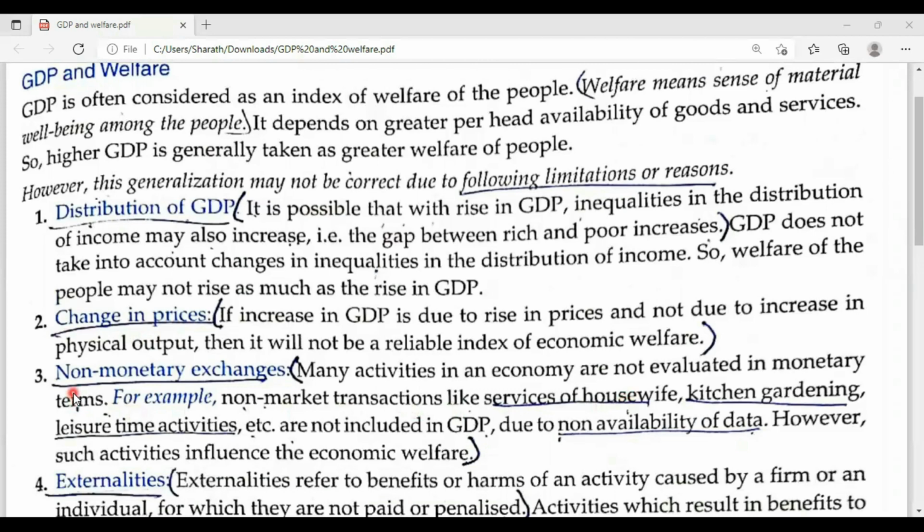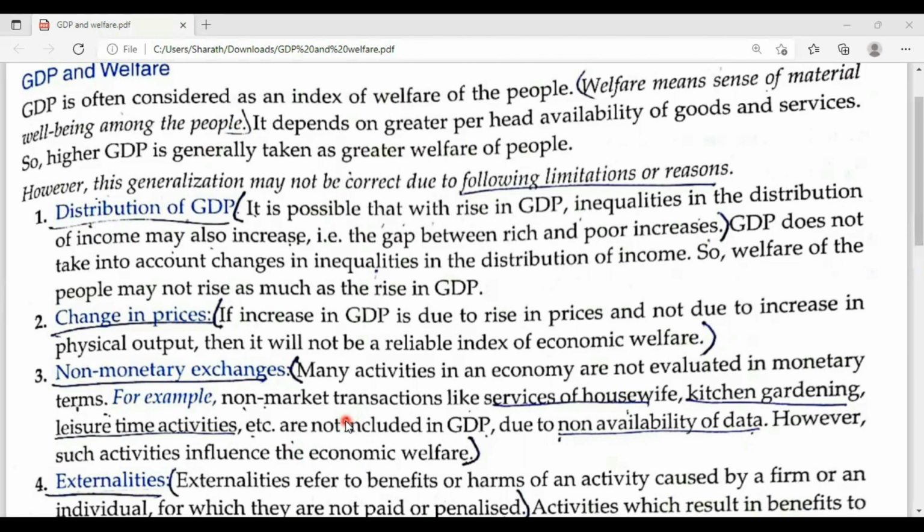Number three is non-monetary exchange. Non-monetary exchange is any exchange between two parties that happens without any money consideration, without taking anything as money. There are so many activities like that happening in the Indian economy, for example housewives working for their families, and kitchen gardening done by someone at leisure time.